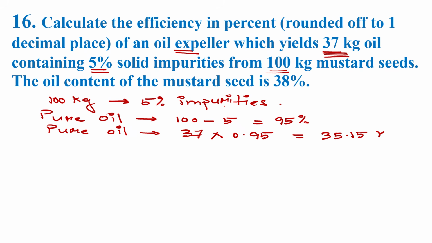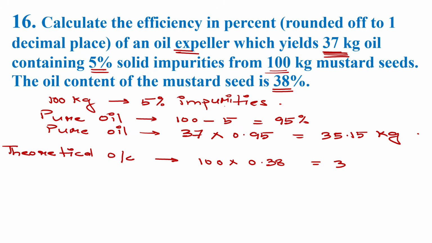Now we have to calculate the theoretical oil content. The oil content of mustard seed is 38%. In kg, that is 100 into 0.38, so we get 38 kg. Now we have to calculate the efficiency.